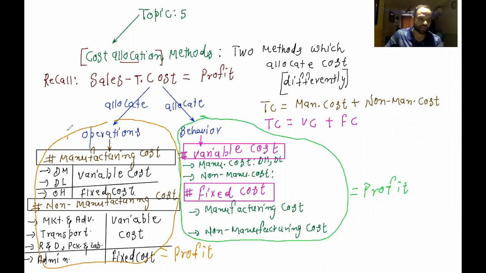When allocation by operations calculates profit, it's absorption costing. And by behavior, it's marginal costing.